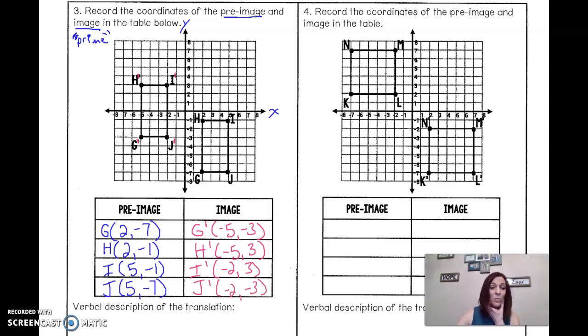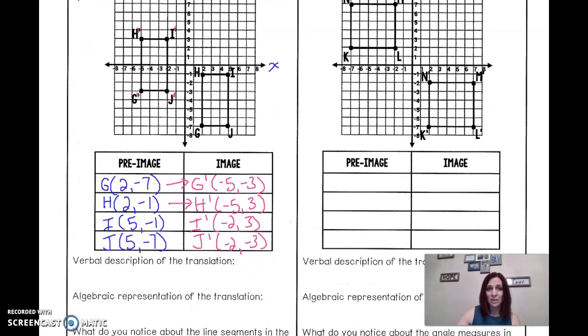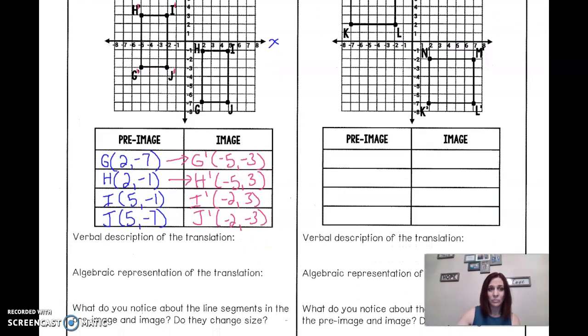Okay, so again, what are we doing to this point to get to this point? A verbal description: what are we doing to G to go from here to here? That's why it's important to recognize which one's your pre-image and your image, otherwise you're moving the wrong direction.